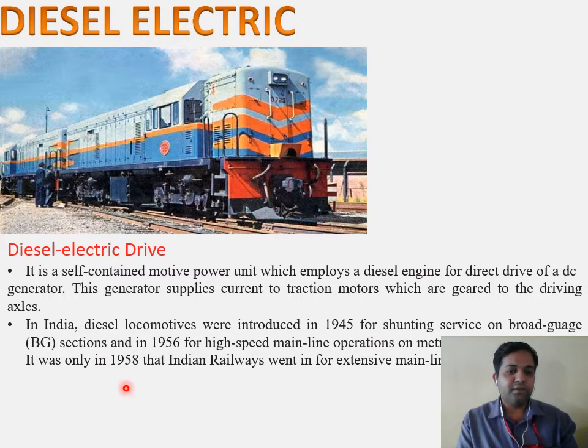And in 1958, the Indian Railways went for extensive main line operation. Whatever main lines we operated, these trains were operated with the help of what? This diesel electric traction system. Most of the trains in India were operated with the help of this kind of traction system.